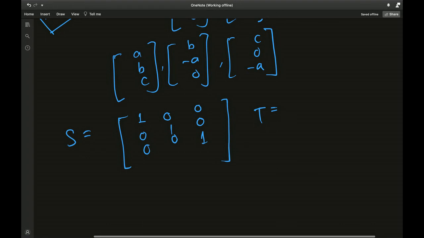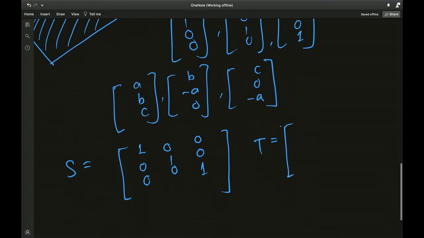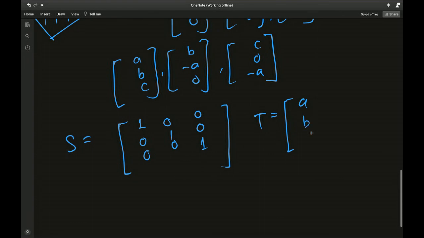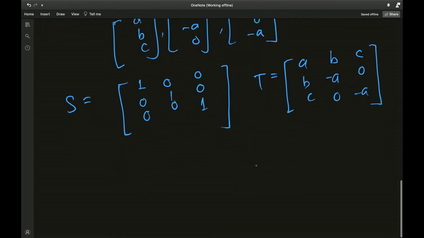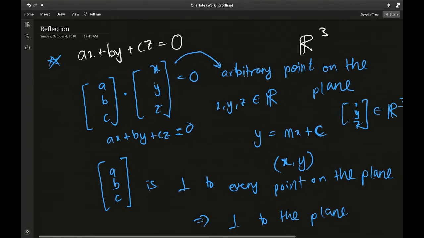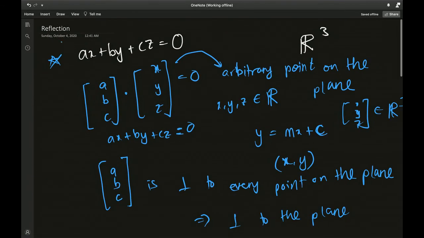You can call it a basis system, I don't know, it's terminology. So our new basis ABC, I can write it as a matrix A B C, B negative A 0, C 0 negative A. Fair enough.